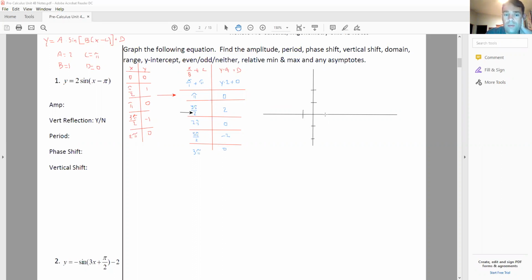And then I'm going to graph by pi over 2. So 1 pi over 2, 2 pi over 2, 3 pi over 2, 4 pi over 2, 5 pi over 2, 6 pi over 2. 6 pi over 2 is equal to 3 pi. Remember, 3 pi is the same thing as 6 pi over 2. Pi is the same thing as 2 pi over 2.